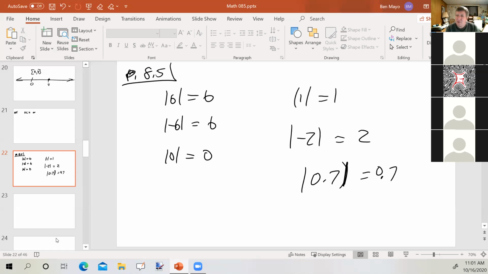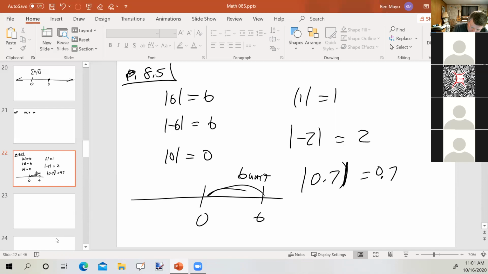Absolute value is a distance. It's the distance from that number on the number line to 0. But distance isn't measured in negative units. So if we're talking how far it is from 6 to 0, it's 6 units. So the absolute value of 6 is 6.